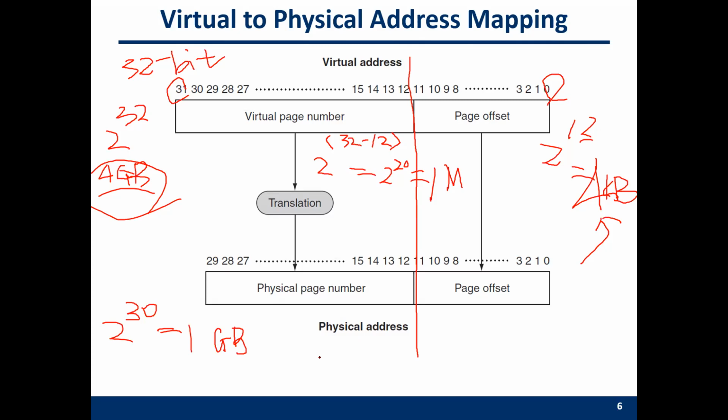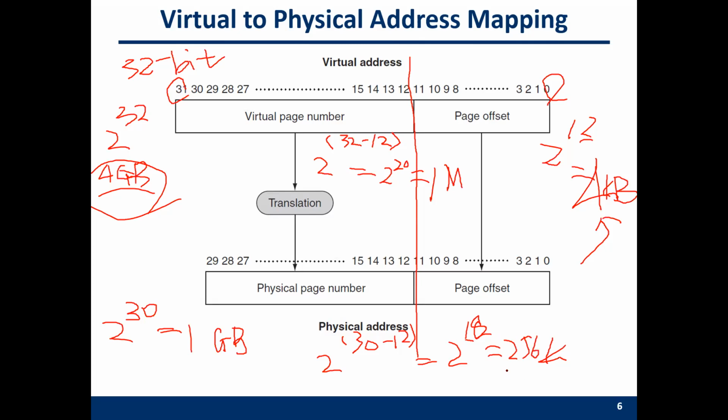For the physical address part, you have 2 to 30 minus 12, which is 2 to 18. The 1 indicates K, and 2 to 8 is 256.